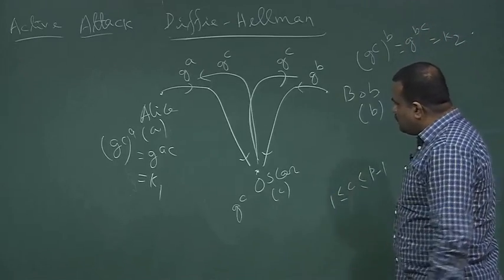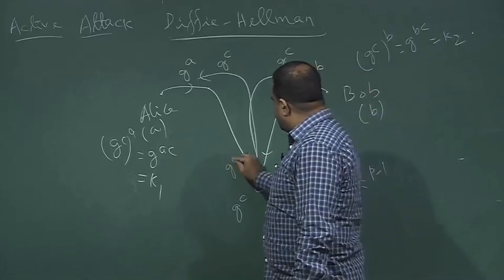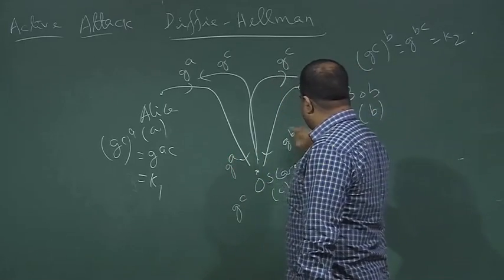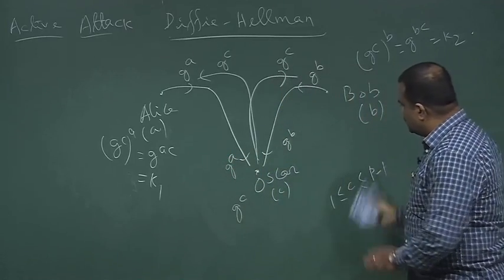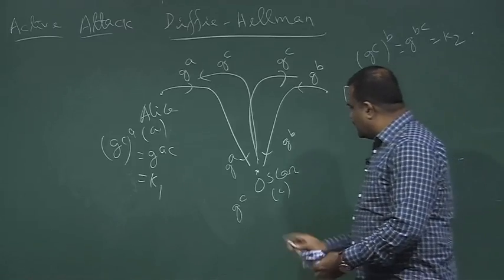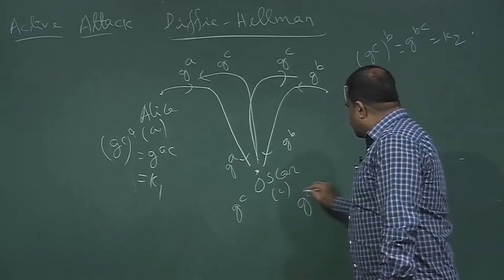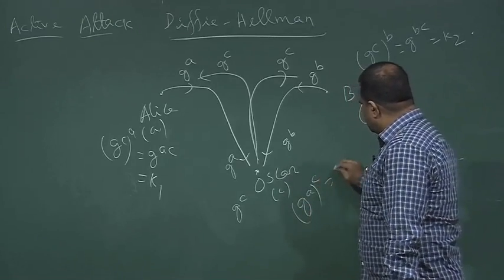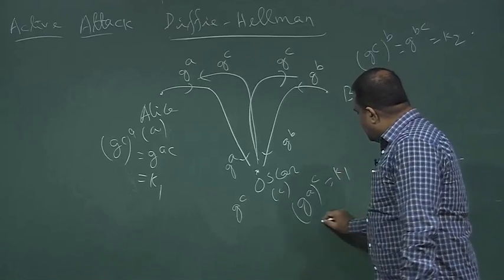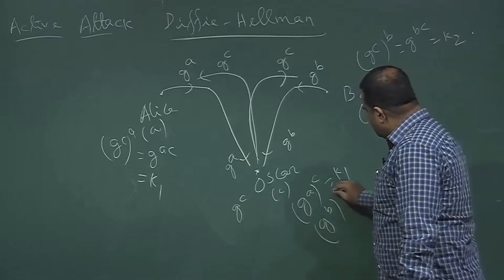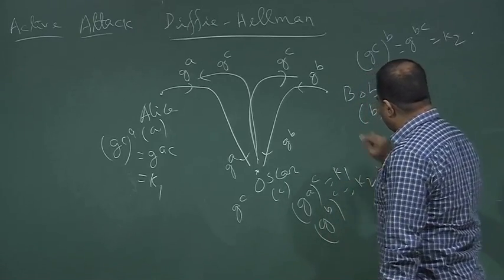Now what will Oscar do? Oscar gets G to the power A and also G to the power B, and Oscar has his secret C. So Oscar can compute G to the power A to the power C, which is K1, and G to the power B to the power C, which is K2.